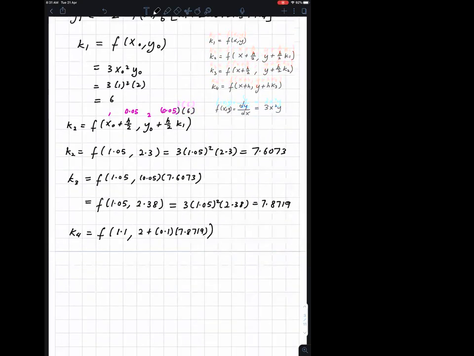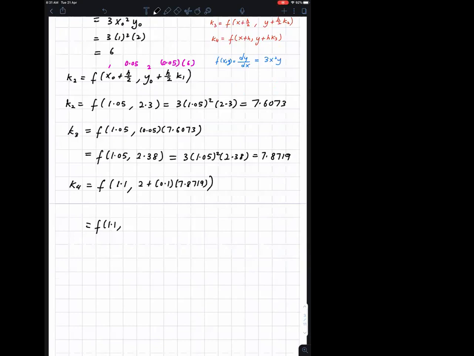Somebody else who can answer this: what's 2 plus 0.1 multiplied by 7.8719?